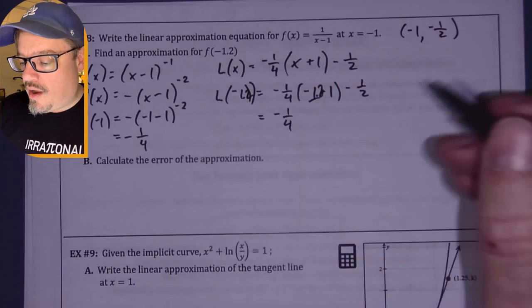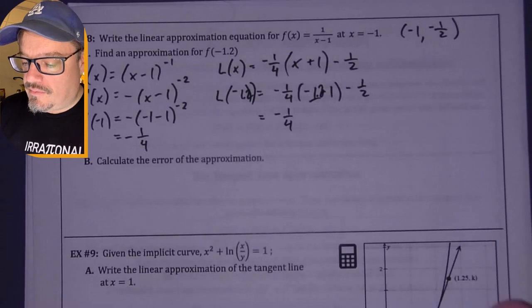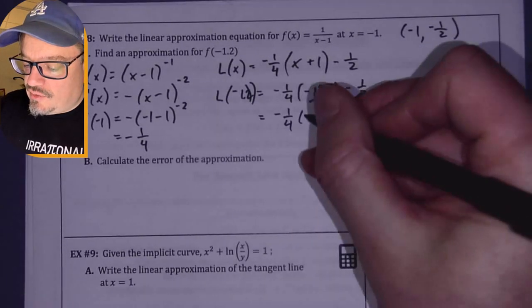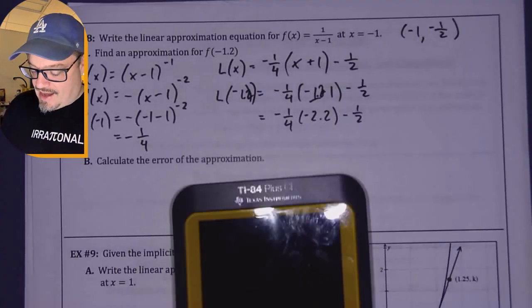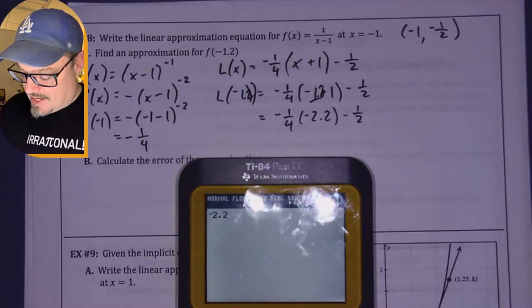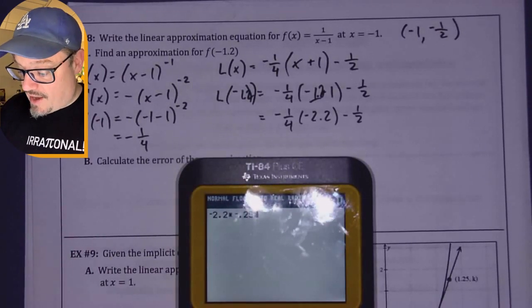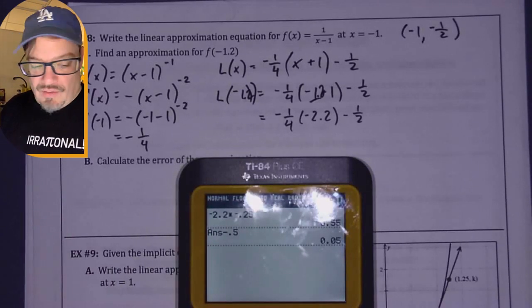1/4, 1, negative 1.2, that is a negative 2.2. Okay, now that I just don't trust myself. Negative 2.2 times negative 0.25 minus 1.5 is 0.05.